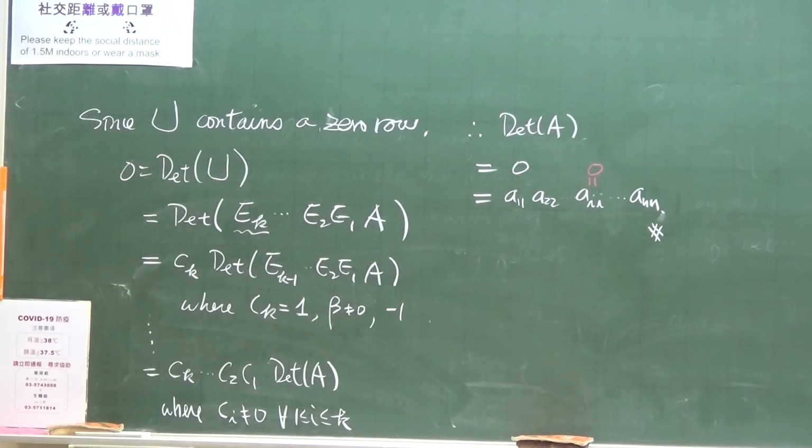So what we need is a result from chapter 1. Chapter 1 is the very basic chapter because it's about Gauss elimination and row operations. Okay. Right. So everything can be traced back to the elementary operations. Any questions?